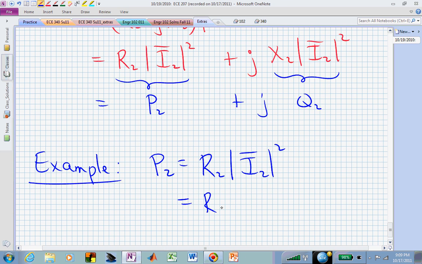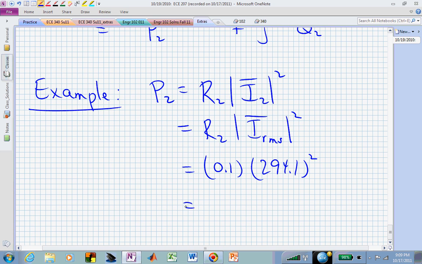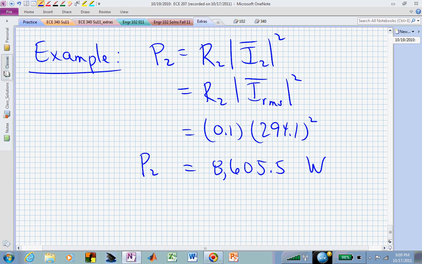But remember, I sub 2 was the same as I sub 1, which is I sub RMS. R sub 2 was 0.1, and we had 294.1 squared, which is a pretty big number. Now we take 1/10 of that, and we end up with 8,605.5 watts for the average power of load 2, which was the transmission line.